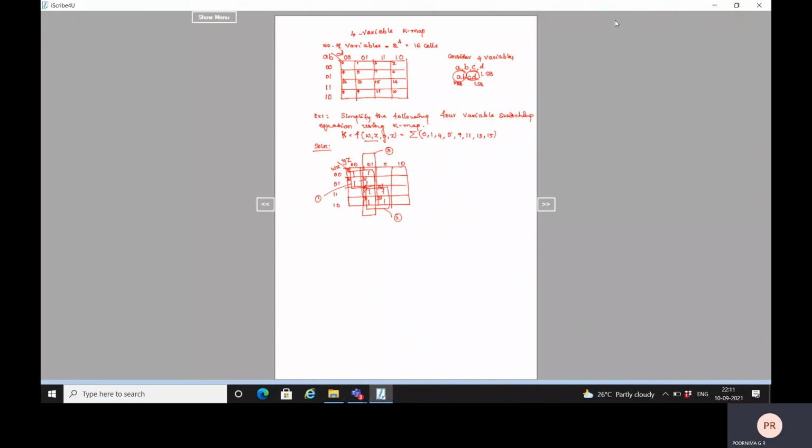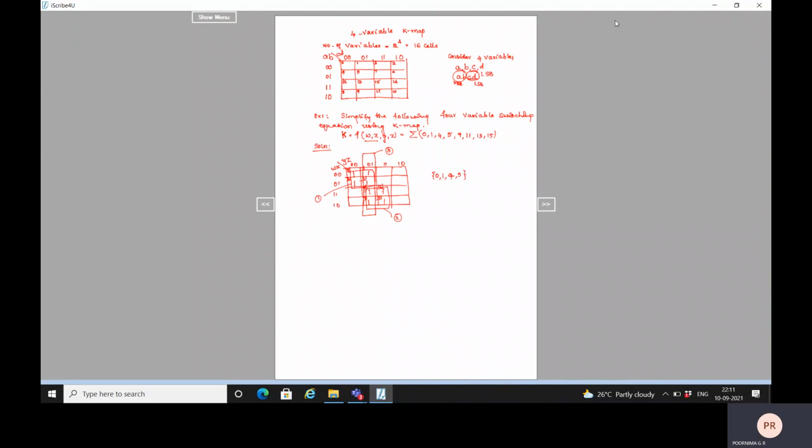Group 1 depicts 0, 1, 4, 5. This is group number 1. Group number 2 is 9, 11, 13, 15. Group number 3 represents cells 1, 5, 9, 13.